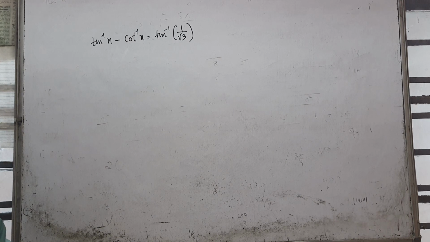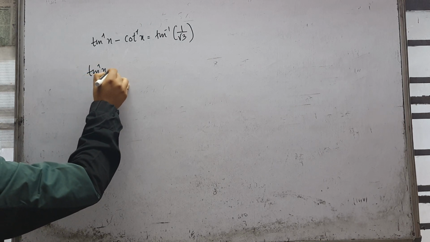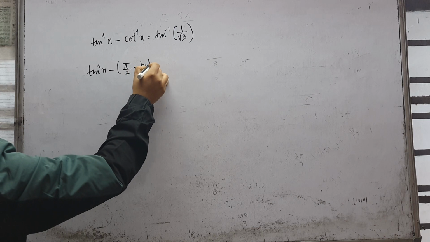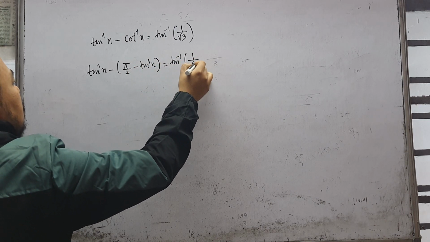In an equation, the lesser the variable, the better for you. If there are two variables, x and y, can you solve it? Not possible. But if there's only one variable, then it can be solved. So keeping that in mind, can I write cot inverse x as pi by 2 minus tan inverse x? Yes or no, everyone? Tan inverse 1 by root 3.